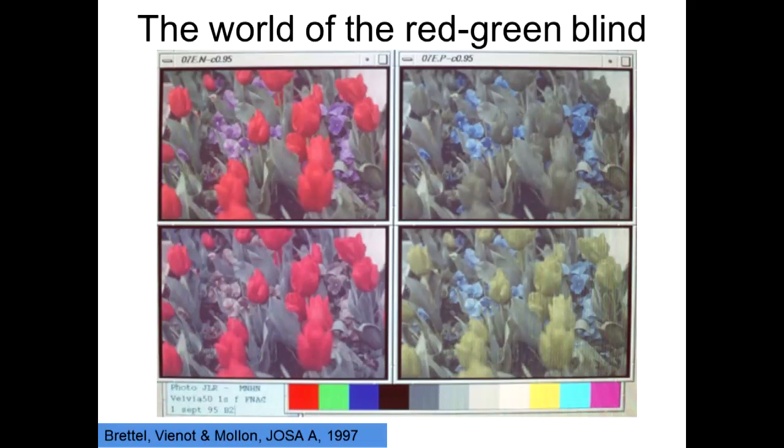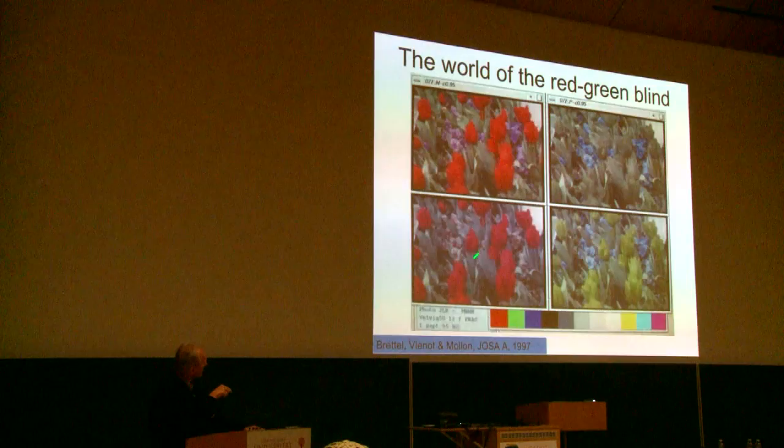this slide here is from the seminal work by Hans Brettel, François Viénot, and John Mollon, and it illustrates what the world might look like for these color deficient observers. So here's again, a very popular image of flowers, and then what it would look like to a protanope, deuteranope, or a person basically lacking the S cones. This is very rare.